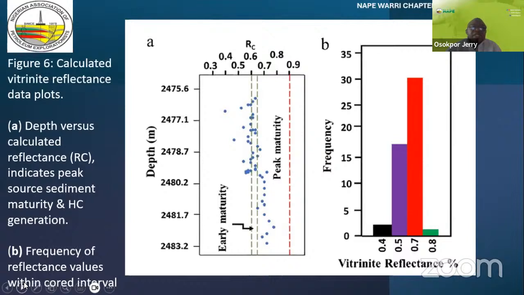And we can see that at this stage, all of these samples entered into peak maturity. The samples range from immature to mature, to peak maturity. That's what the samples attained for this well at the lower level, while the upper level attained some level of early maturity and immaturity. And you can see that peak maturity is 0.8 vitrinite reflectance, while 0.7 is matured.